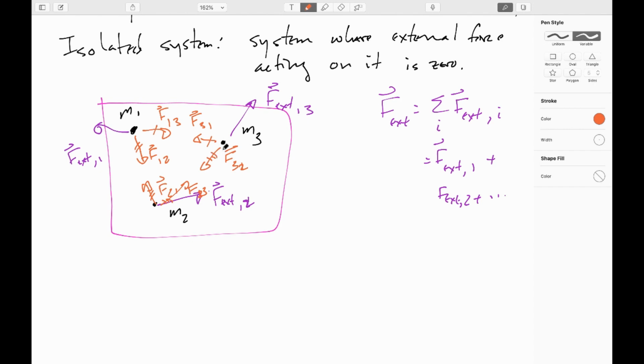Now it turns out, since the action-reaction pairs are always negatives of each other, even if you were to add them in, they would cancel out. So internal force pairs don't count. And we've never worried, when we've looked at anything before, about the details of the forces that hold the system together.